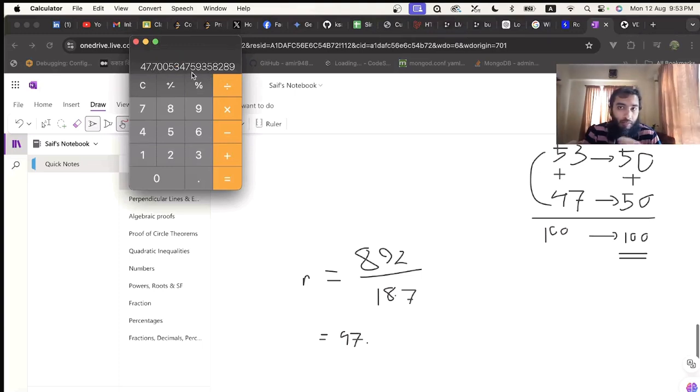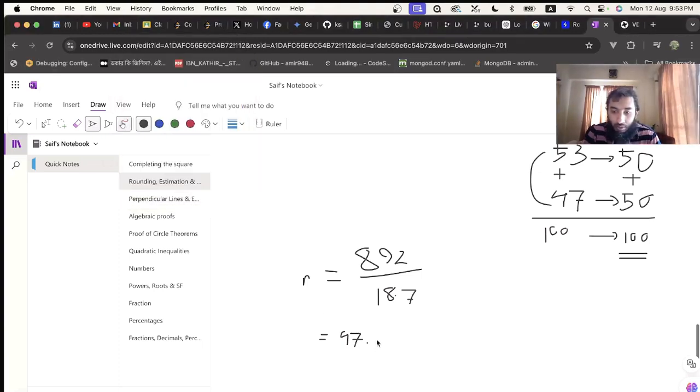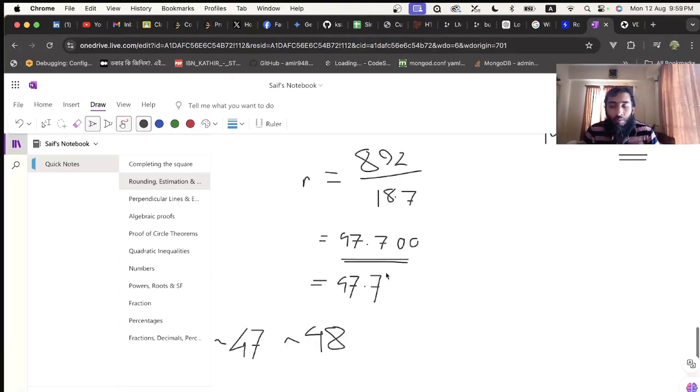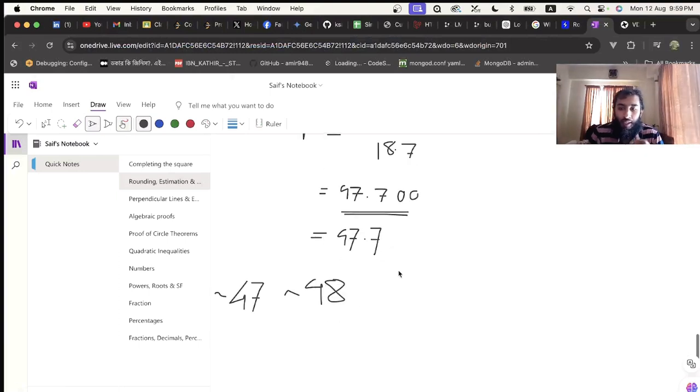I can avoid the rest, because I am estimating, and it's best to estimate to the nearest 10, hundreds or thousands.